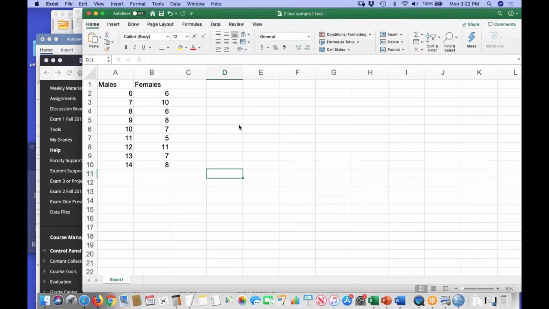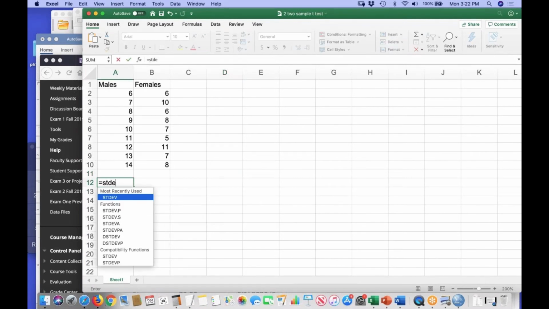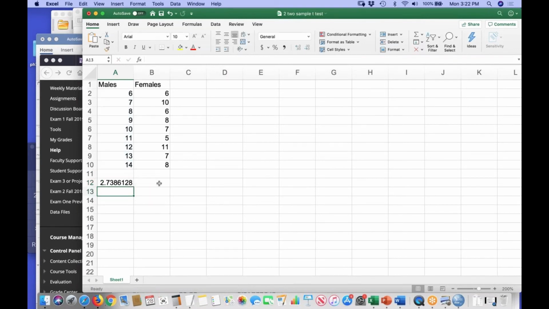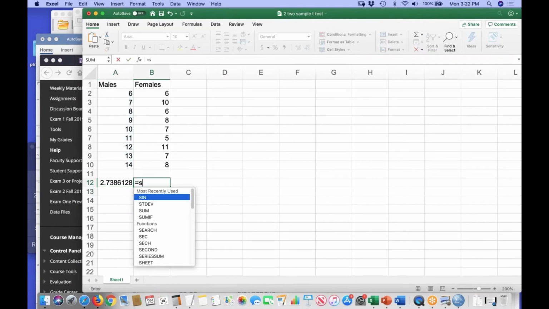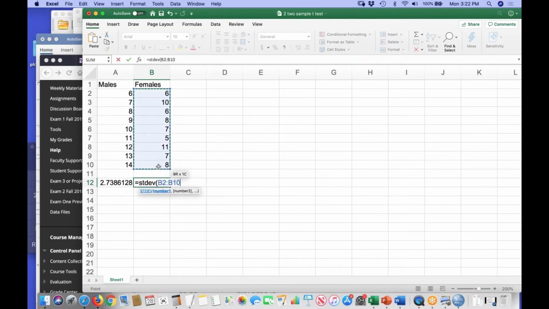Okay, I'm going to calculate the standard deviation of each of these. Standard deviation for the male sample is 2.7. Standard deviation for the female sample is 1.9.